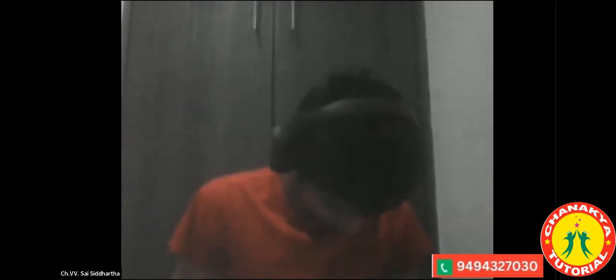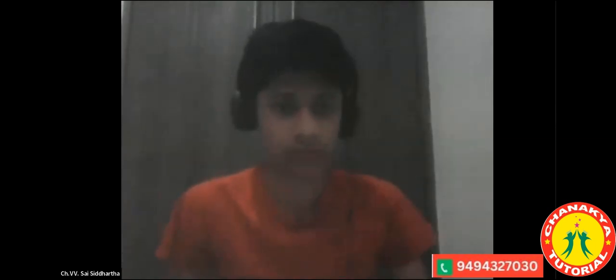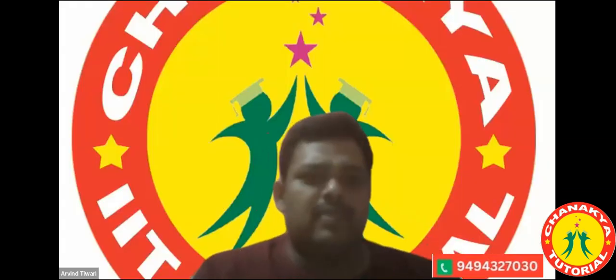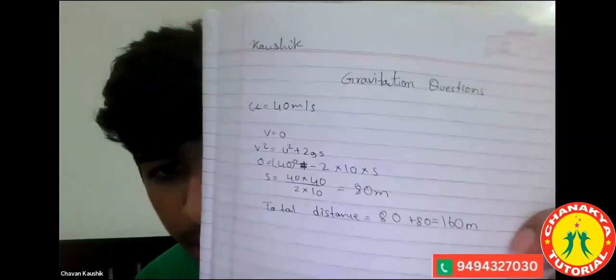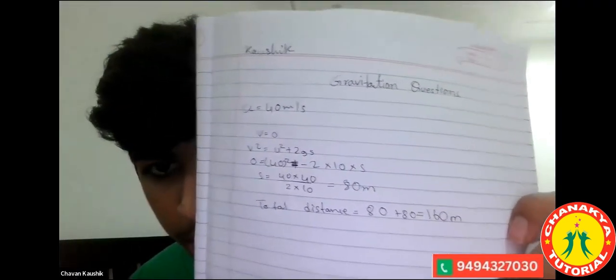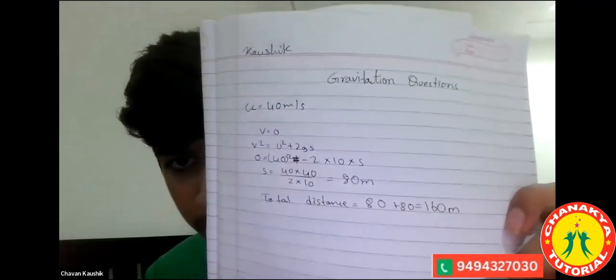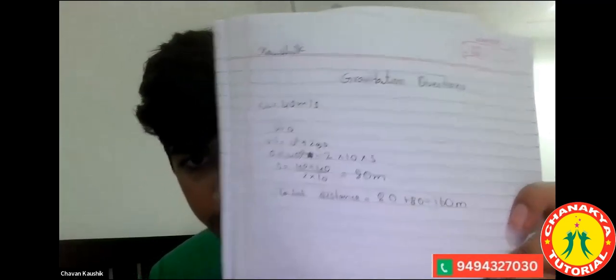Okay, those who have done can show. Charan, Kaushik. Yeah. So initial velocity 40, acceleration is -10. Okay, so you get 80 meter. Fine. And what is the net displacement?